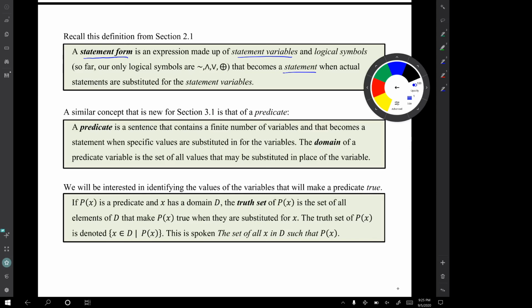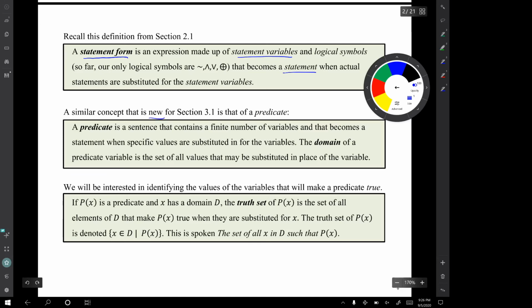It's a variable that stands for a statement. So a statement form is a collection of symbols that represent statements. They're variables that represent statements, and also symbols that are logical symbols. And when you substitute in actual statements for the statement variables, the whole thing becomes an actual statement that's true or false. All right, so now to section 3.1.